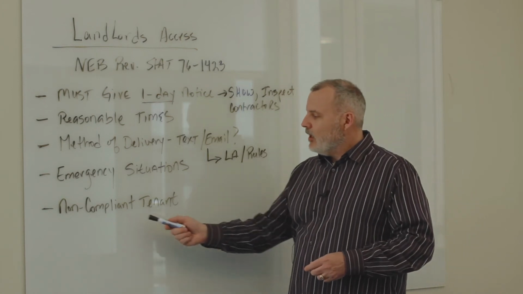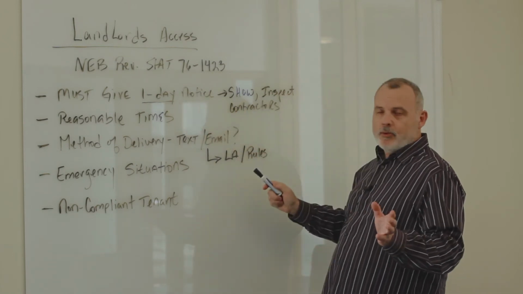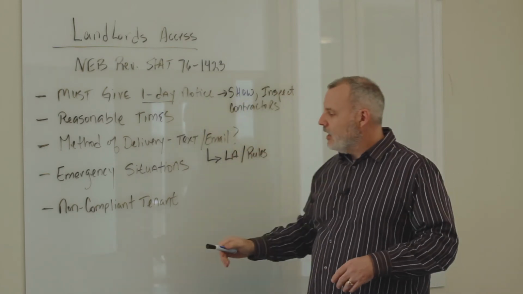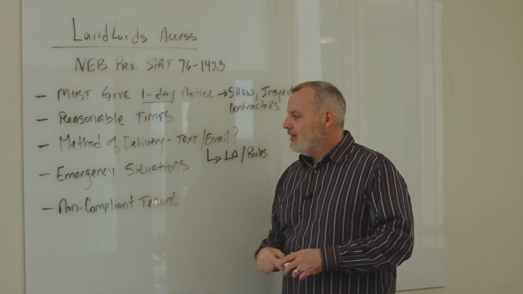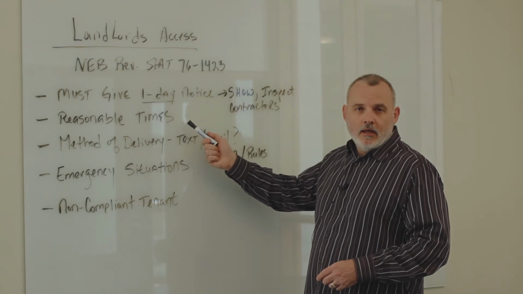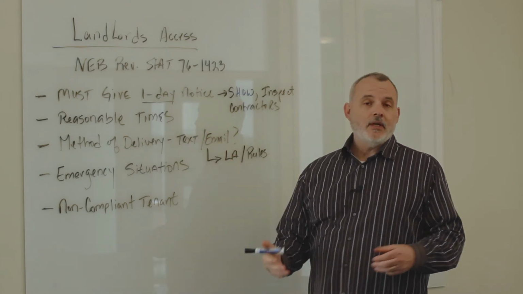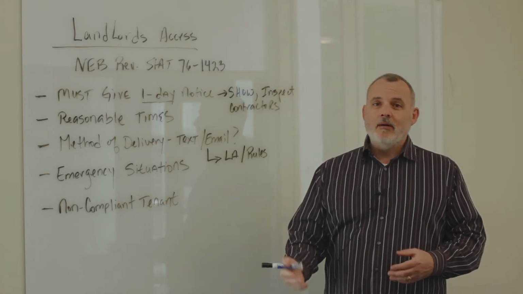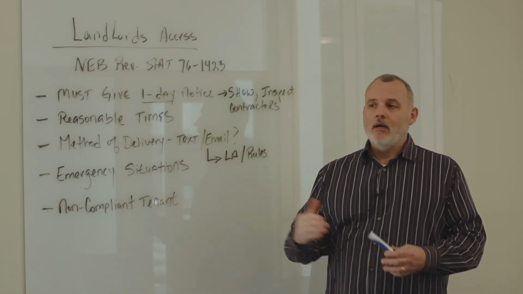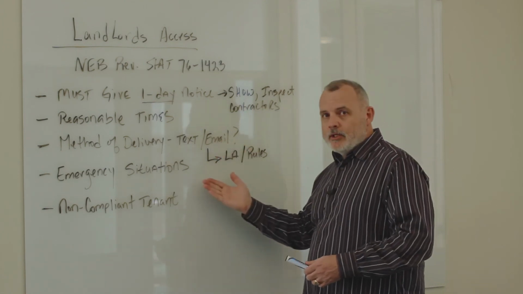And the last thing is, what happens if you give notice? Maybe you want to show the property to a prospective tenant or let a contractor in, and the tenant says absolutely not. Well, first of all, I would remind them of the lease agreement and what they agreed to. And just say, I'm going to be there, I'm giving you proper notice, I'll be there tomorrow at 1 o'clock or whatever it is, and the lease gives me permission to do it.